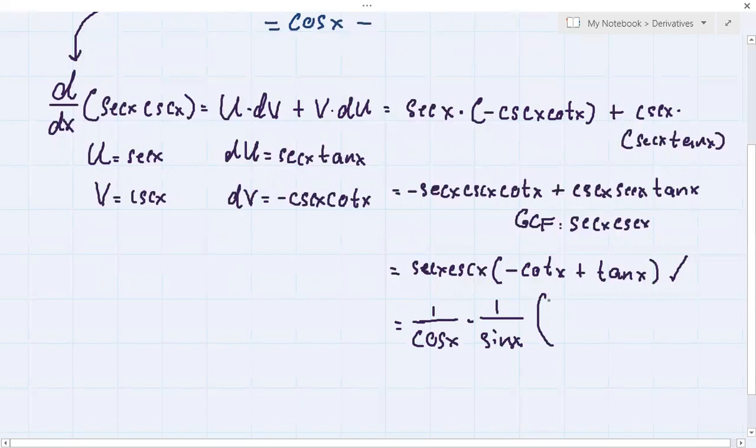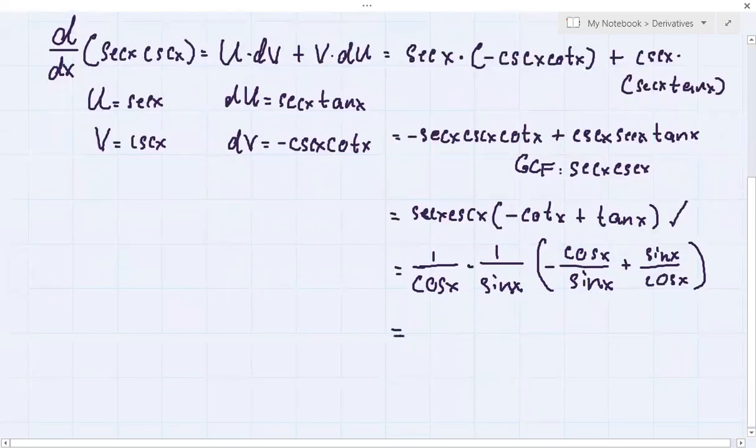Here, cotangent x is the same as cosine x all over sine x. Then we have tangent x, which is the same as sine x all over cosine x.